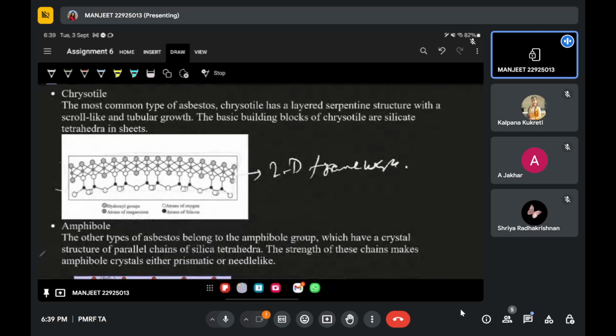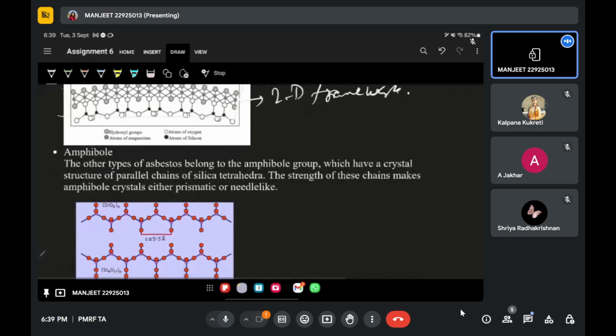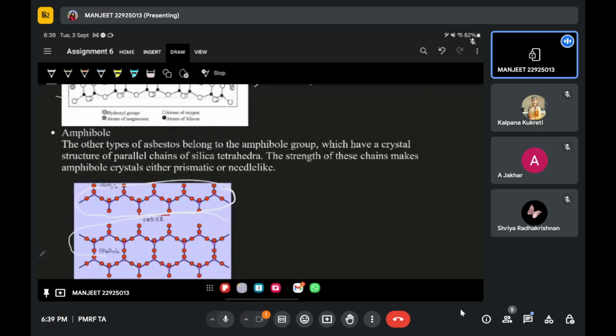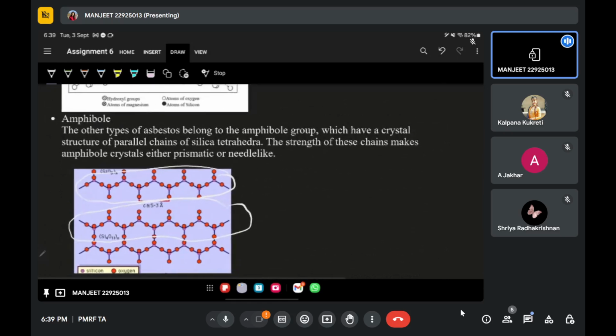Another type of asbestos is the amphibole. This amphibole group has parallel chains of silica. This is one chain, and these are another chain, and they are connected in such a way that they have either a prismatic or needle-like structure.